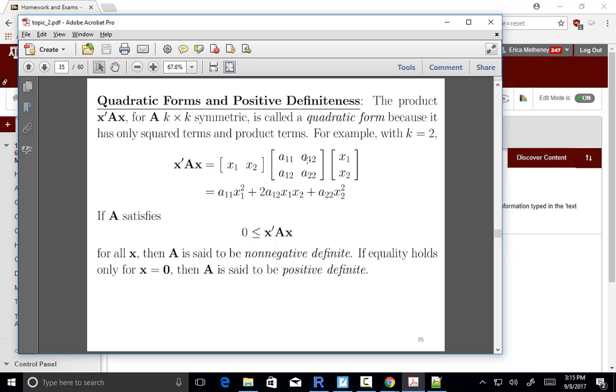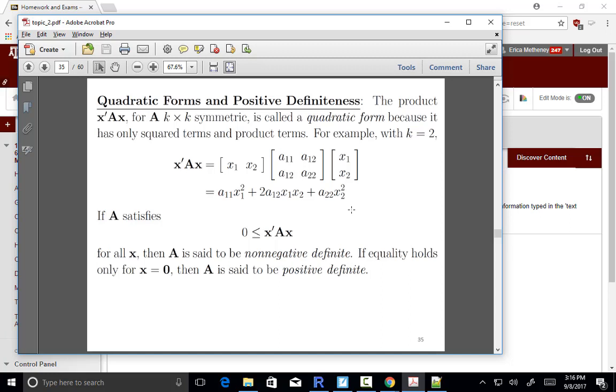First row, first column, first row, second column, and so on. And then here's x again. So matrix multiplication of this would say do x1 times a11 plus x2 times a12. And then multiply that by x1. And then you do this times that and multiply by x2 and you add them all together. So matrix multiplication gives a quadratic form, or a quadratic equation, quadratic in the variables x.